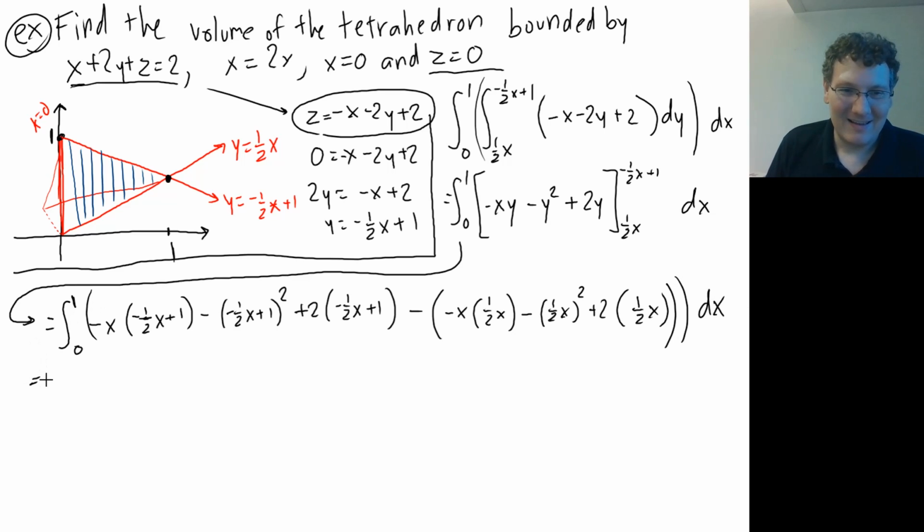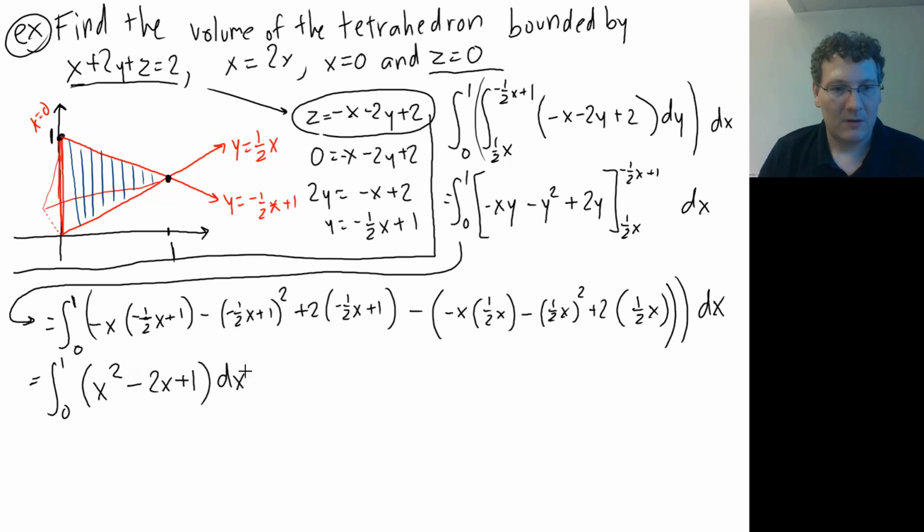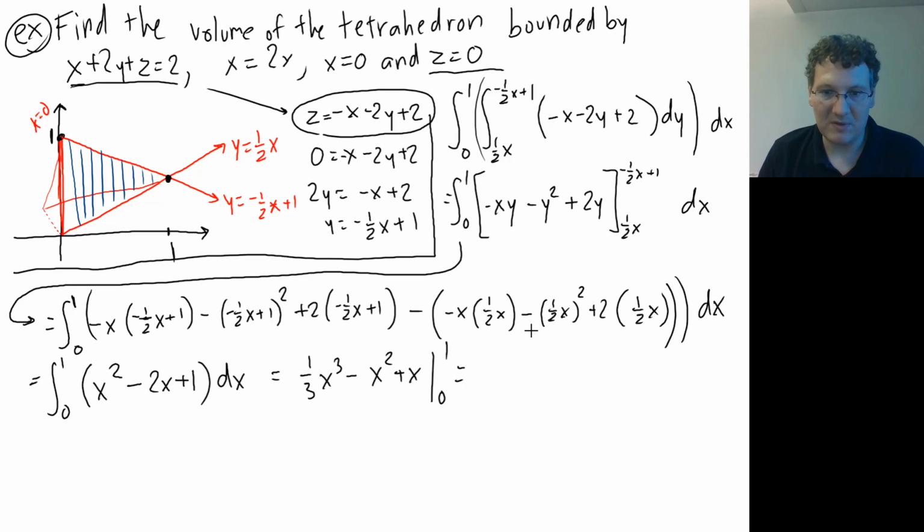All right, I'll save you the pain of cleaning up this mess in the middle. What we get is the integral from 0 to 1 of x squared minus 2x plus 1 dx, and this is going to be 1/3 x to the third minus x squared plus x from 0 to 1, which is just going to be 1/3 minus 1 plus 1, so it's just 1/3.